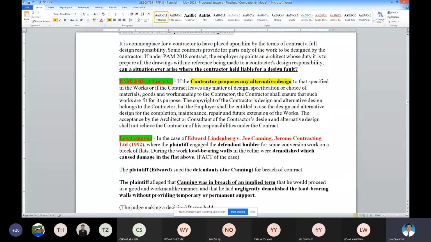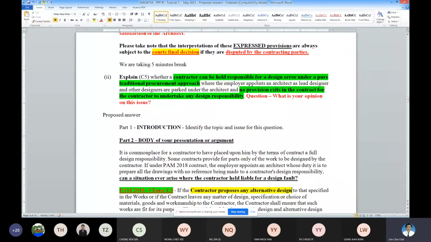But what is this question? The contractor didn't propose anything, because it's a 100% pure traditional procurement approach. It means the contractor doesn't have to do any design. And on top of that, there is no provision to make sure that the contractor is responsible. It's already very clearly stated.